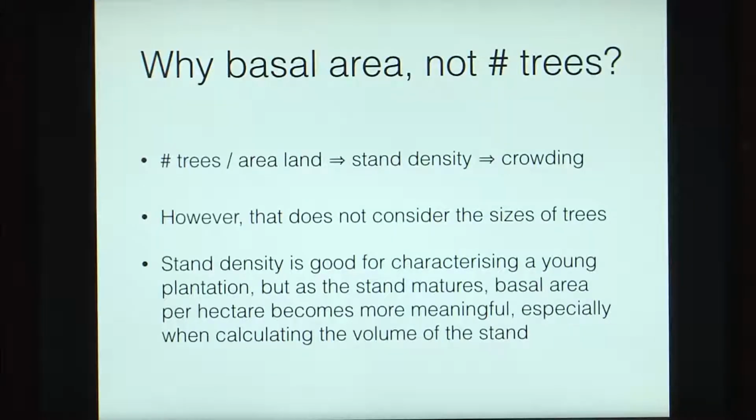So, number of trees per area of land gives us the stand density or the number density of the stand, which can be used as a proxy for the amount of crowding that is being observed in the stand. However, if we only considered the number density, we would not be considering the sizes of the trees.